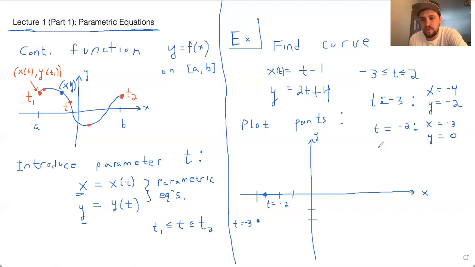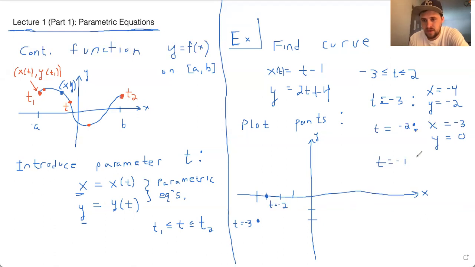And I won't do all of them, but let's do a few more. When t is -1, we get -1 minus 1, so x is -2. And then y would be -2 plus 4, so it should be 2. And so we get the point -2, 2. So this is t equals -1.